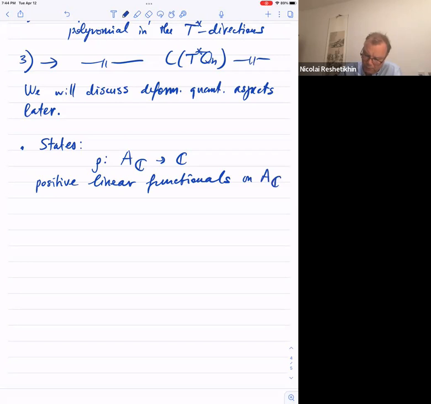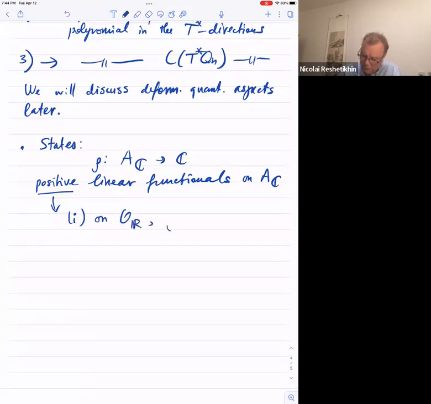Positive means the following, that first, okay, on the subspace of observables, rho of A is real.